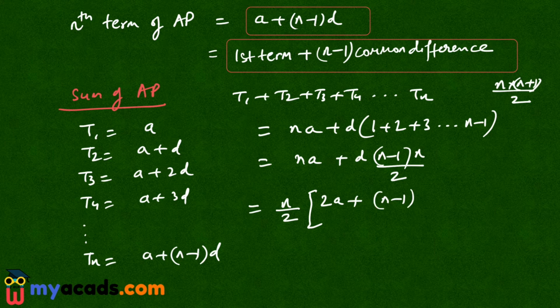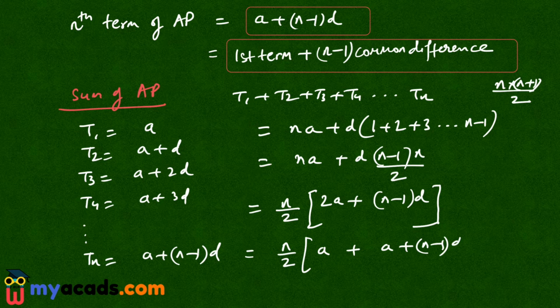minus 1 into d. I can also write that as n by 2 into a plus n minus 1 into d. So I can see that my sum of AP is n by 2, where n is the number of terms in the AP, times first term plus nth term.